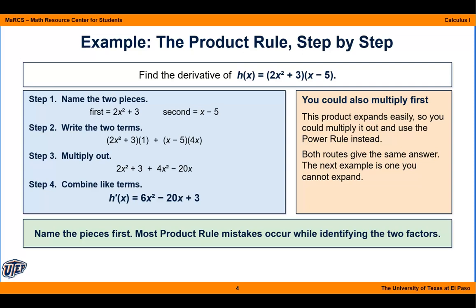Substitute these four pieces into the product rule. h prime of x is equal to 2x squared plus 3 times 1 plus x minus 5 times 4x. Multiplying and then combining like terms gives us h prime of x is equal to 2x squared plus 3 plus 4x squared minus 20x, which is equal to 6x squared minus 20x plus 3. This particular product could also be expanded before differentiating. The product rule gives the same result and establishes a method that still works when expansion is not practical.